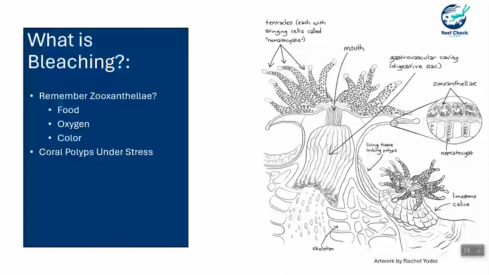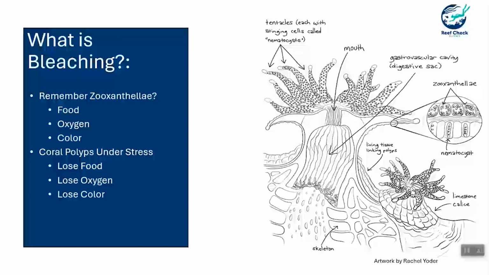We're not going to get into all the in-depth reasons as to why and how that occurs, but we'll just say ocean temperature is rising, and as a byproduct of that, the coral polyps become stressed and the zooxanthellae can't survive anymore, so it's released out into the water column.